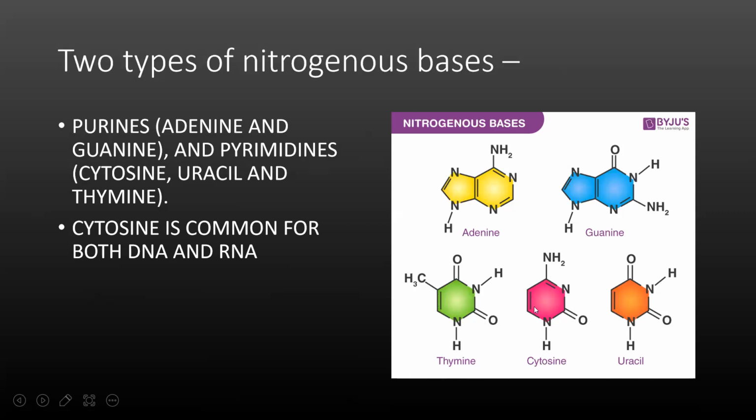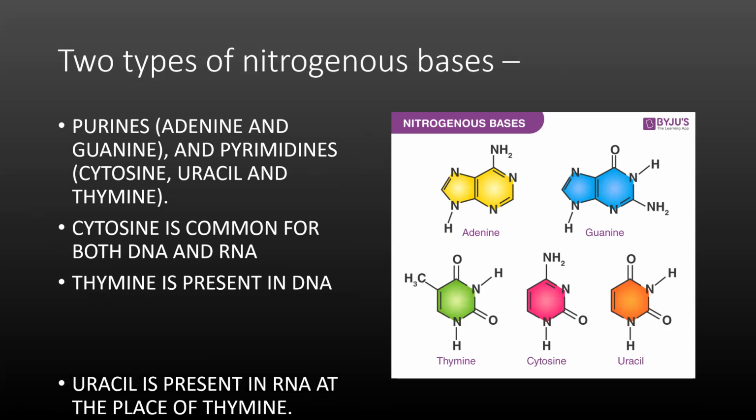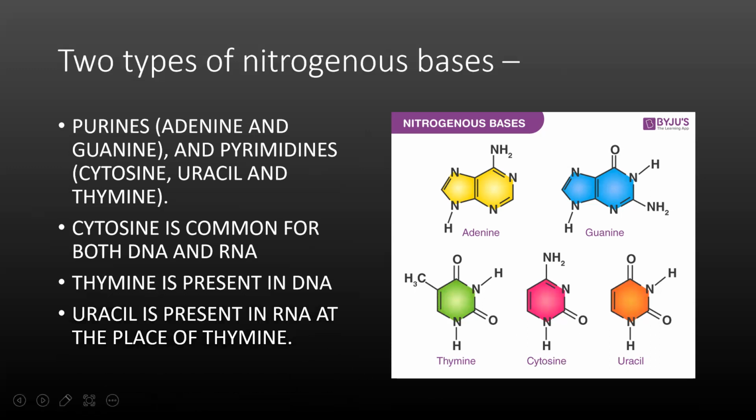Cytosine is common for both DNA and RNA, whereas thymine is present only in DNA, and in case of RNA, thymine is replaced by uracil.